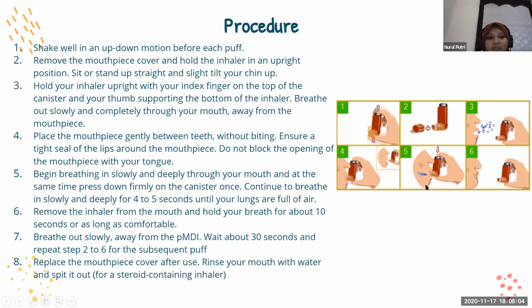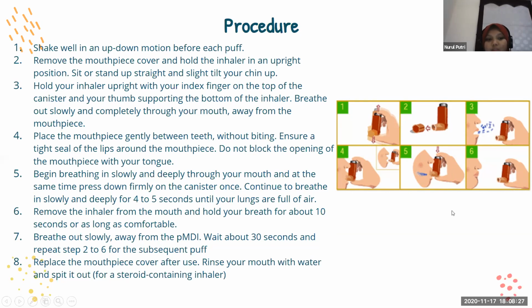Then breathe in slowly and deeply through your mouth while at the same time pressing down firmly on the canister once. Continue to breathe in slowly and deeply for around 4 to 5 seconds until your lungs are full of air. Then remove the inhaler from the mouth and hold your breath for about 10 seconds or as long as comfortable.